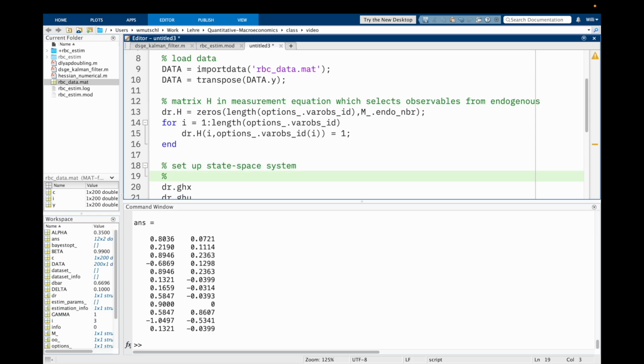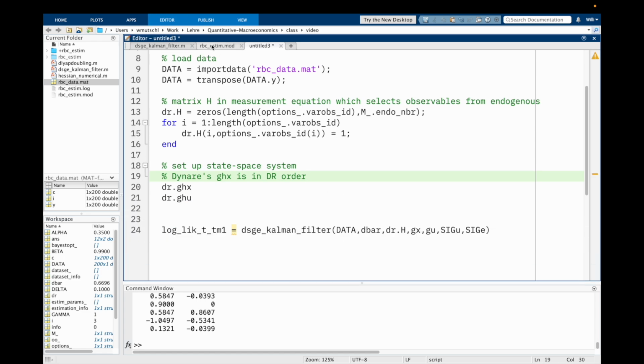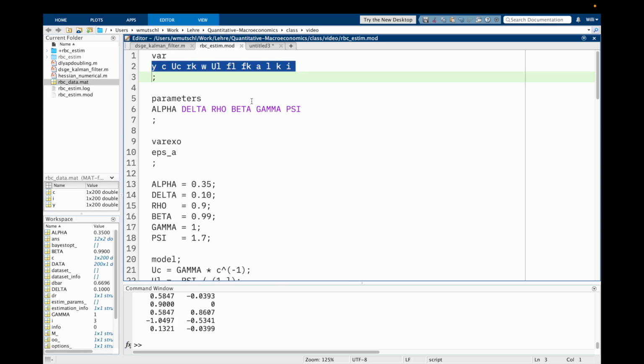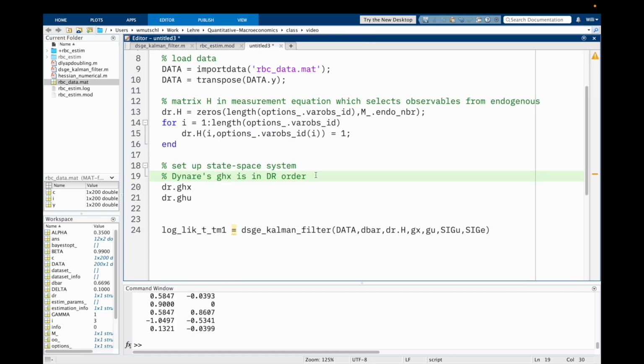Let me write this down as a reminder. Dynare's ghx is in so-called decision rule order, where the static variables come first, then predetermined ones, then mixed, then forward-looking ones. I'm going to keep things simple. I want everything to be in declaration order, meaning the way I declared my variables here. So the second row will always correspond to consumption.